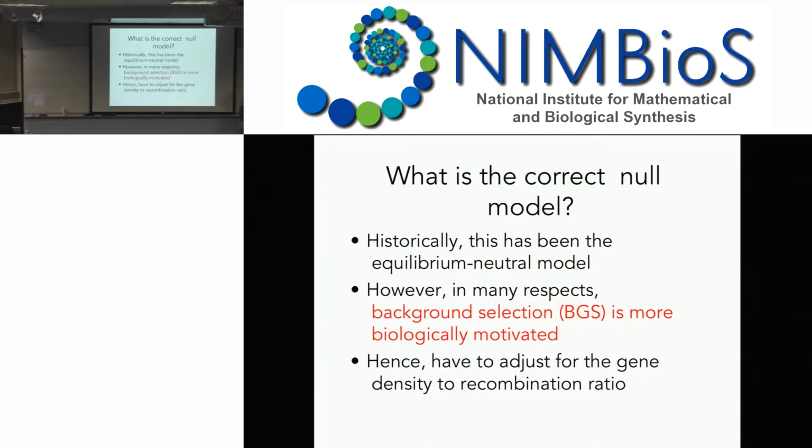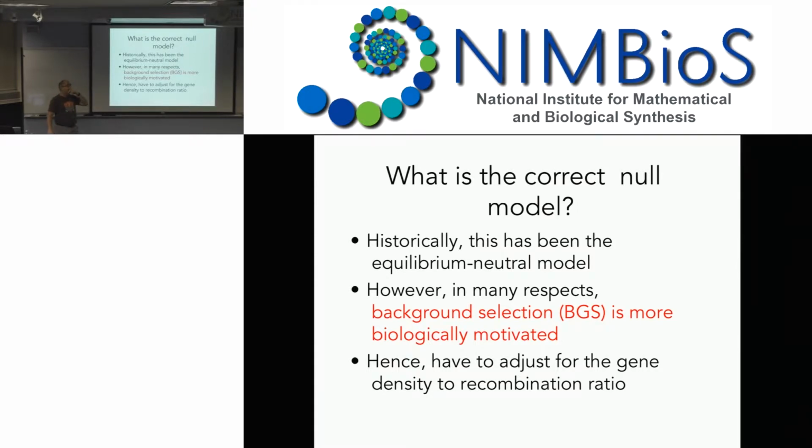The last question, which isn't talked about quite as much, is that there's been a trend recently to ask, is the appropriate null model the equilibrium neutral model? And the answer is probably no. Even if you can assume that equilibrium works, the correct null model is probably background selection, because we know it's occurring.